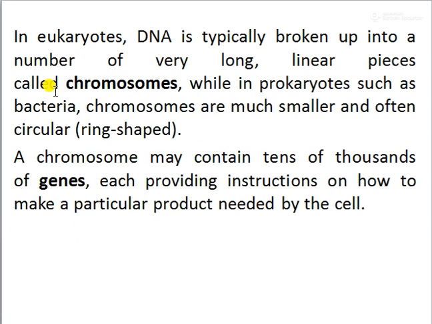In eukaryotes, DNA is typically broken up into a number of very long linear pieces called chromosomes, while in prokaryotes, such as bacteria, chromosomes are much smaller and often circular in shape, ring-shaped.